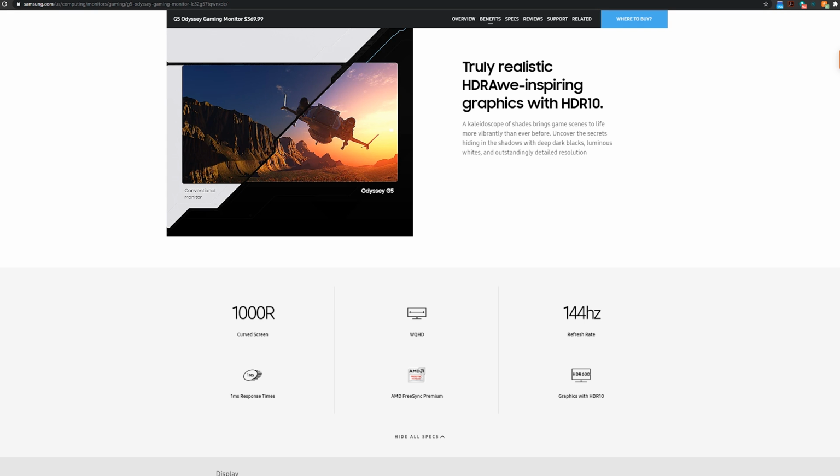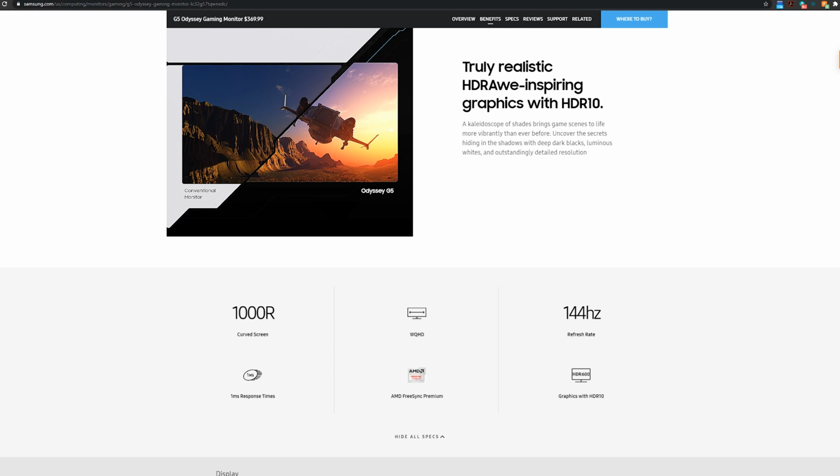Now, looking at the G5, 144 hertz solid. Like I said, if you're a console player, you're locked in at 120 anyway. If you are into HDR, 600 is going to be better on this than the HDR 400 on the Gigabyte. If you're interested in the 1000R curve, it may take a second to get used to, but I've actually switched back to an 1800R curve monitor, which is what I'm using right now.